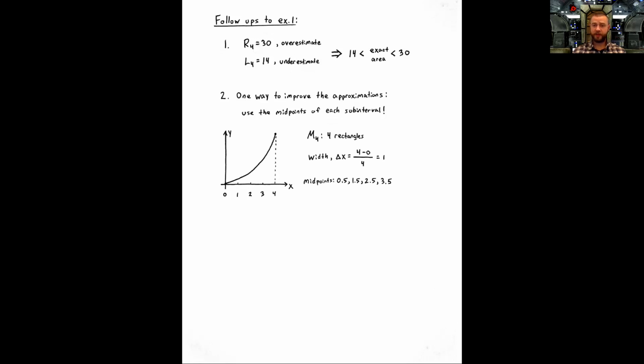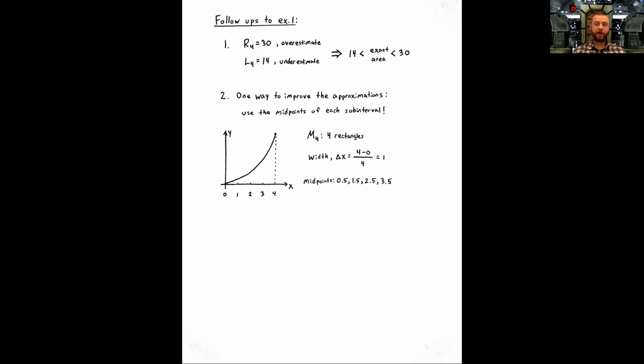We're still going to use 4 rectangles. We take our total interval from 0 to 4 and divide it into 4 pieces, so we have 4 rectangles, each of width 1 unit. Now take a look at your subintervals: 0 to 1, 1 to 2, 2 to 3, 3 to 4.